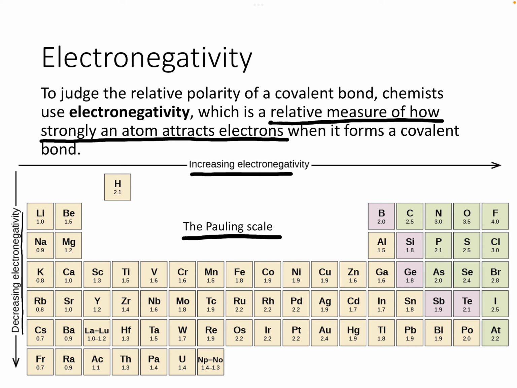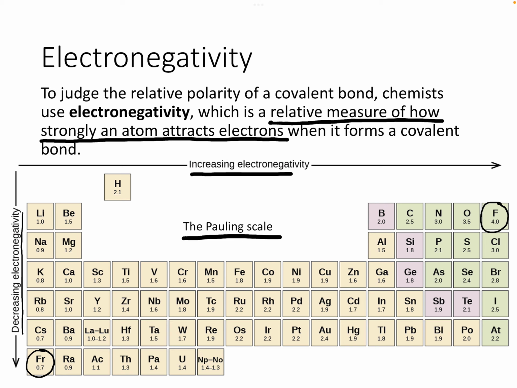One way to also remember this is fluorine is the most electronegative atom on the periodic table. Fluorine loves electrons the most out of any atom. And then if we go diagonal to that, francium is the least electronegative on the periodic table. Francium does not like electrons.